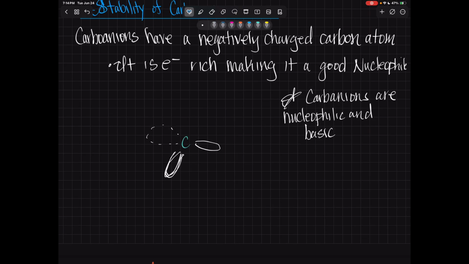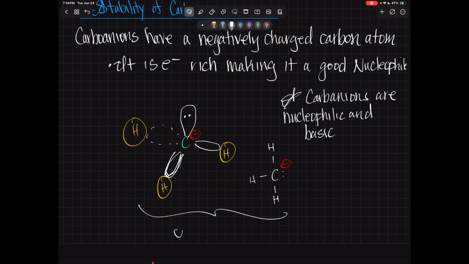And these are going to be hydrogens. And you have this extra one in the plane right here, and there's your pair of electrons. They're commonly denoted as such, with your negative charge here and here. And this would be a methyl anion.